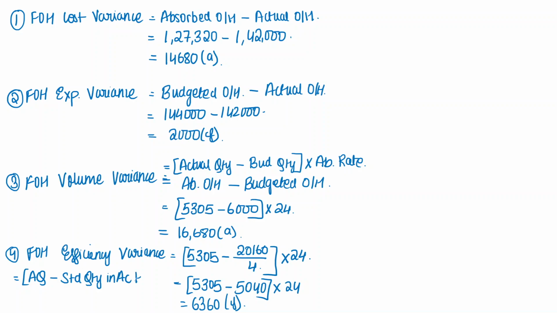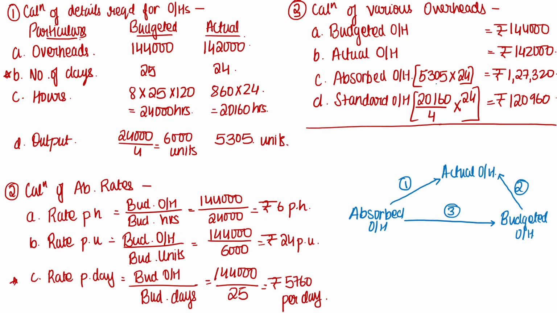Correct? When we want to change the quantity, we have to keep the hours constant, into the standard rate. Now, actual quantity into standard rate, what do we get? 5305 into 24.